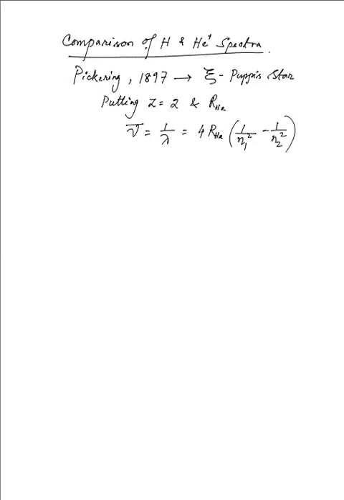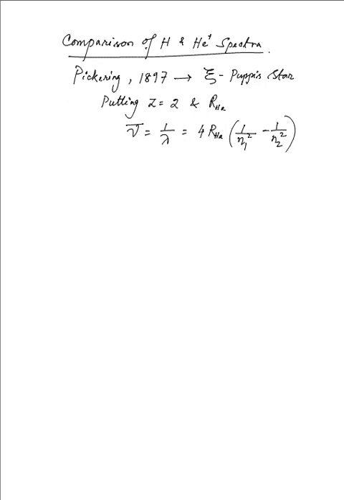These values n1 and n2 are the series. They arise due to the dropping of an electron from some initial higher state to a final ground state, or the lower state.